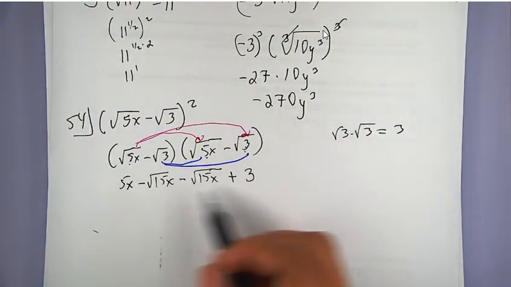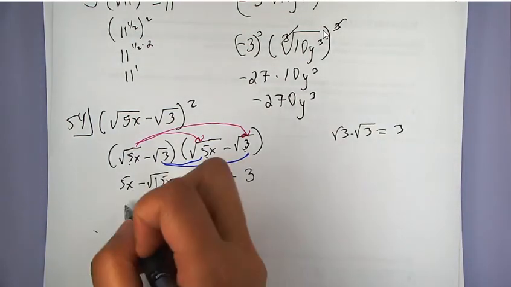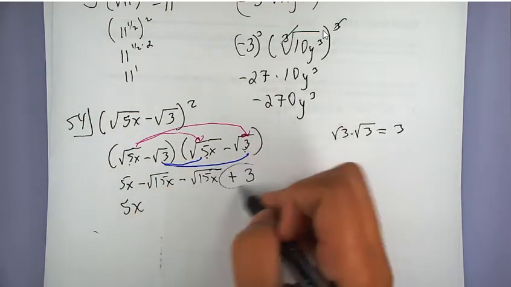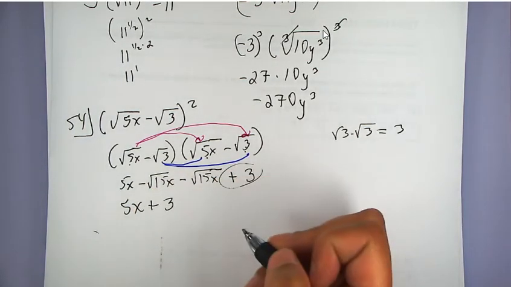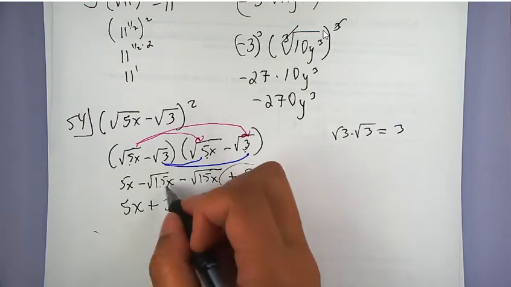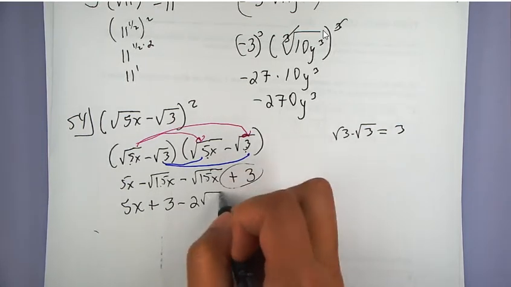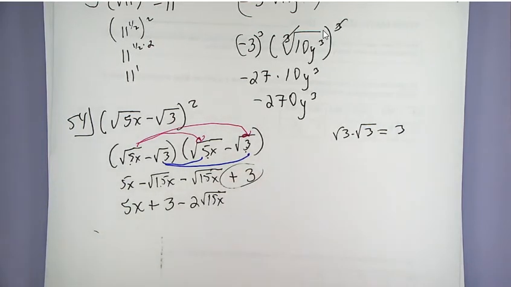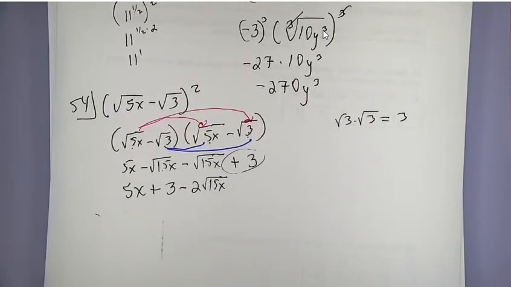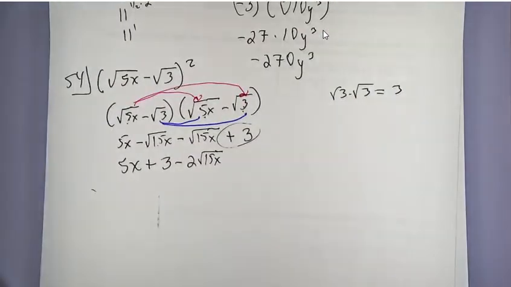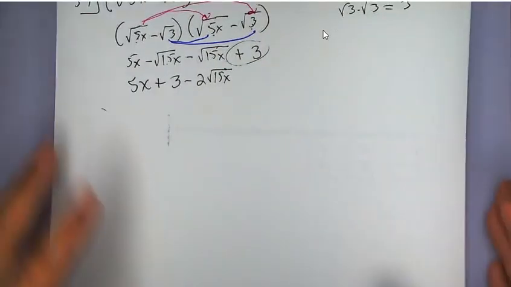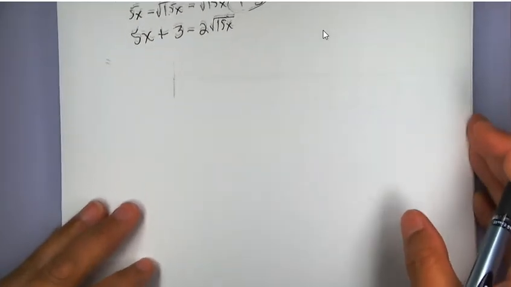Let's go ahead and go to talking about what if there is a radical in the denominator. So if I do all my math and I end up with a radical in the denominator, we can do what we call rationalize the denominator.